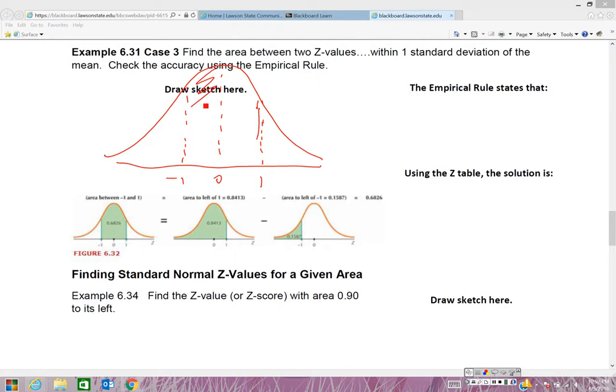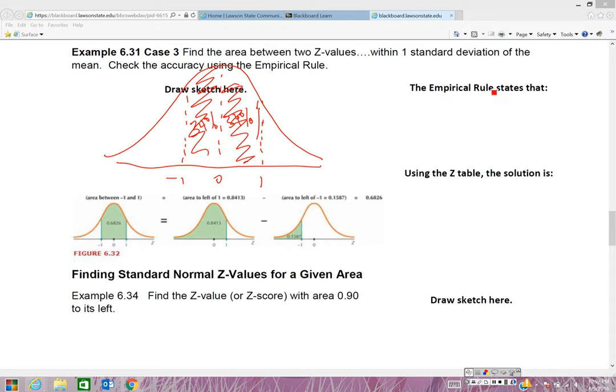So they want to know what's the area between this. Now, according to the empirical rule, it should be about 68% because this is 34% and this is 34% as well. But we're going to use the z table to verify that this 68% is accurate.